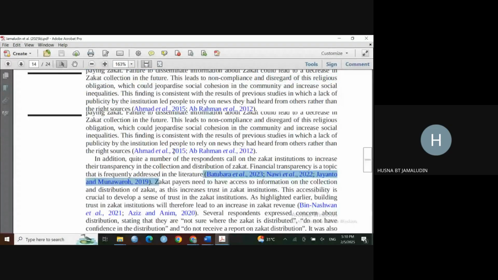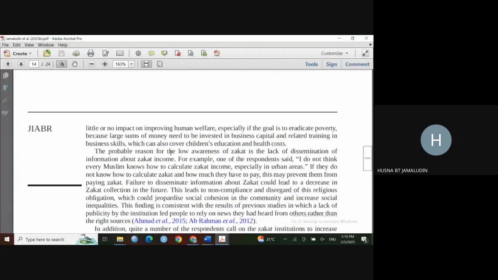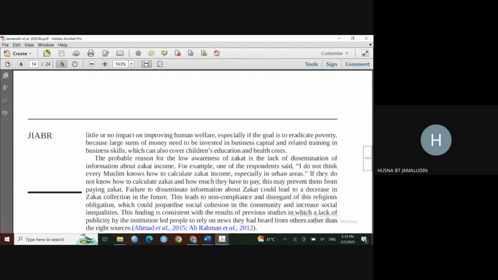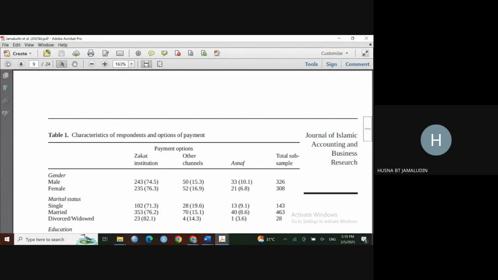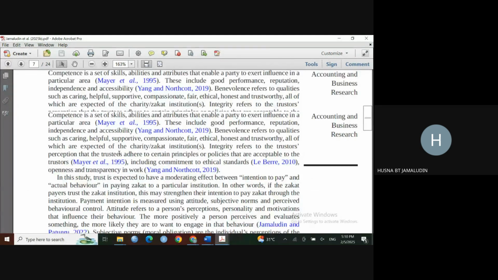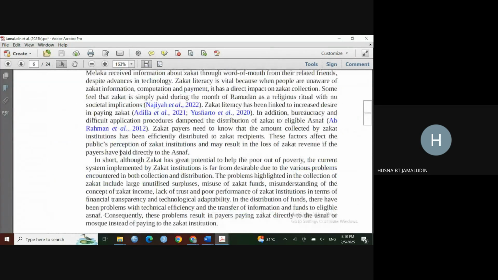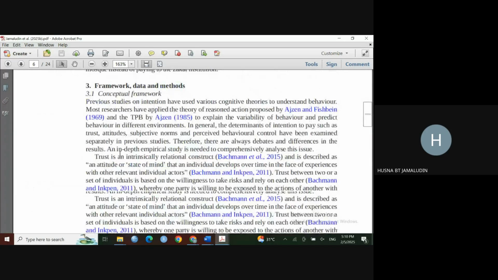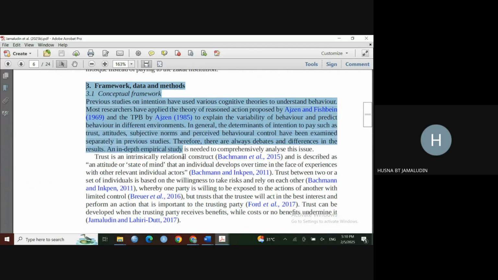If you see my zakat paper, this is the objective already, this is the result. If you look at the literature, this is the conceptual part. Remember, I reviewed the theory of planned behavior, and I also reviewed the variables.